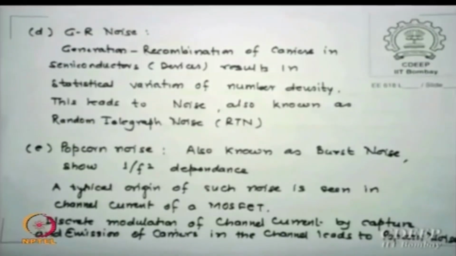Why did this word come? Can anyone suggest why GR noise was earlier called RTN? In the earlier times when you were sending messages with Morse code, there was a switch which did dot, dash, tack tack tack.